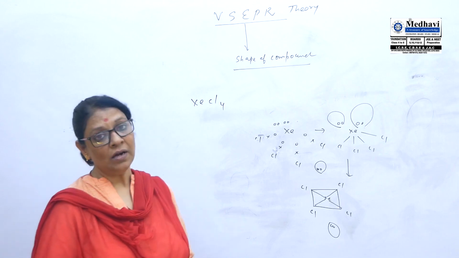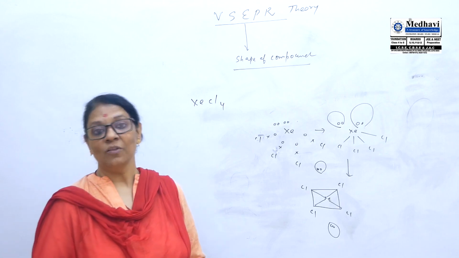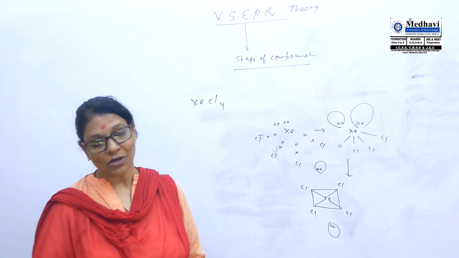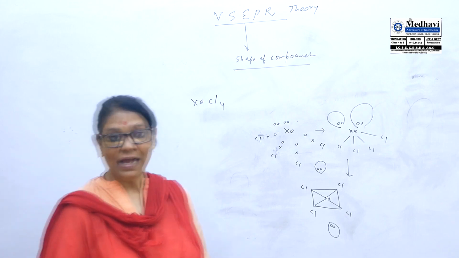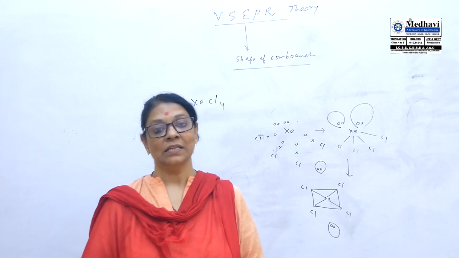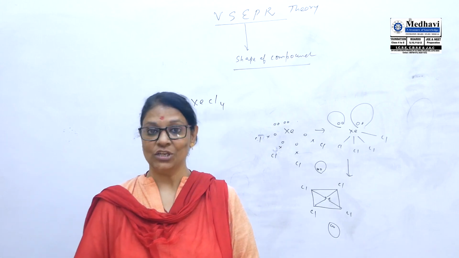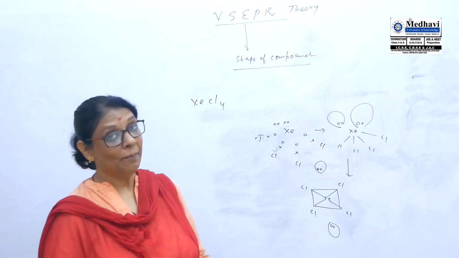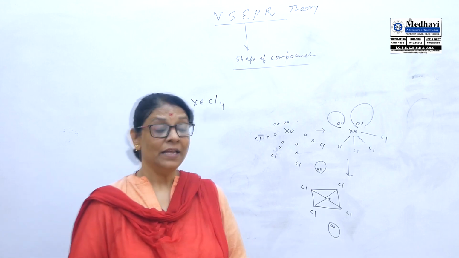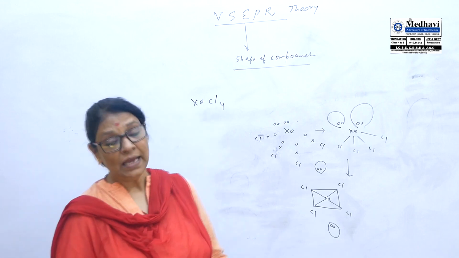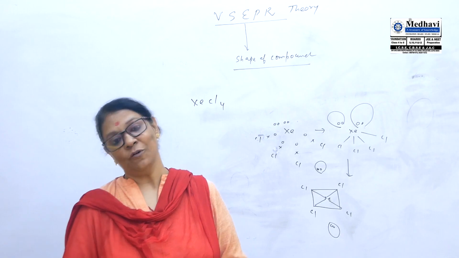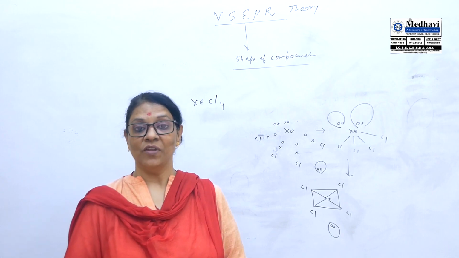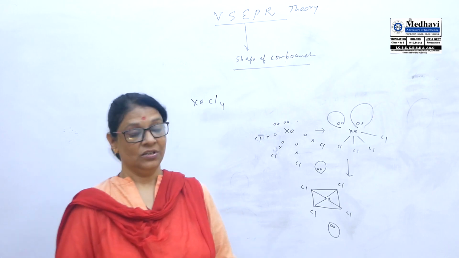In the next video, I will explain the orbital concept: what is an s orbital, p orbital, d orbital, f orbital, and how these orbitals are used for hybridization. Then we will combine dot structure, VSEPR theory and hybridization together to form another property that is going to be very important for us. Thank you.